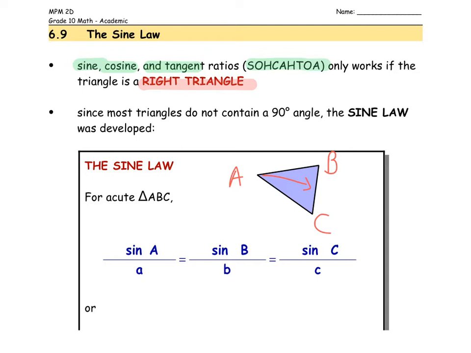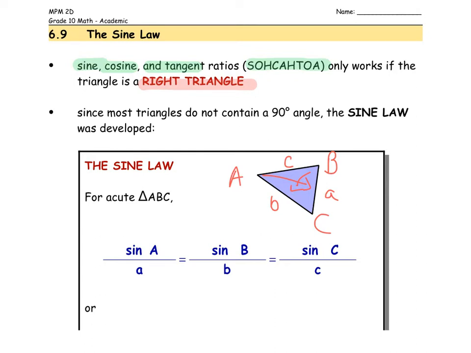So for example, if this right here is corner or vertex A, then the side opposite we would call little a, lowercase a. Then the side opposite capital B, this side right here, would be lowercase b. And then the C is a little harder to show.